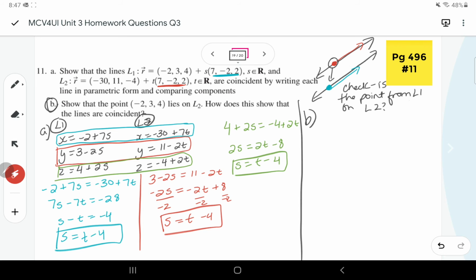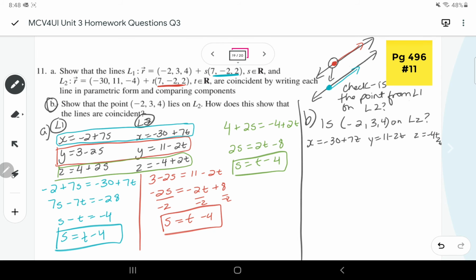So what I would do is check: is the point from the first line, negative 2, 3, 4, on L2? To do that, I'm going to look at the parametric equations of L2: y equals 11 minus 2t, and z equals negative 4 plus 2t, squeezed in there, running out of space. I'm going to sub in x, y, and z from the point and solve for t in each.